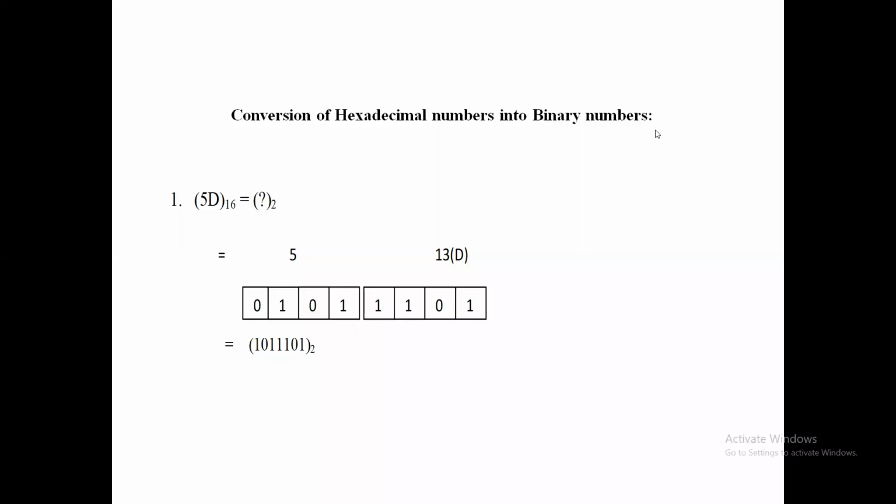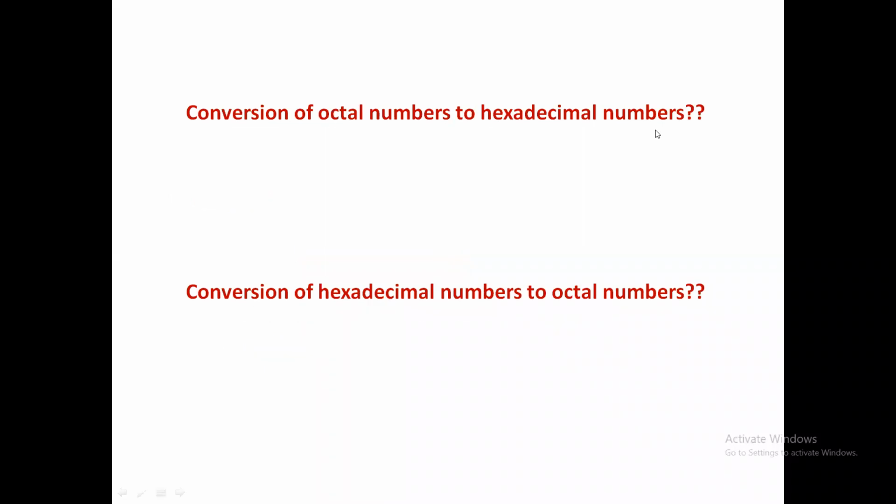Next, the last conversions that need to be discussed: how do we convert octal numbers into hexadecimal numbers? Then how do we convert hexadecimal numbers into octal numbers? We cannot do this conversion in a single step, so we need 2 steps.